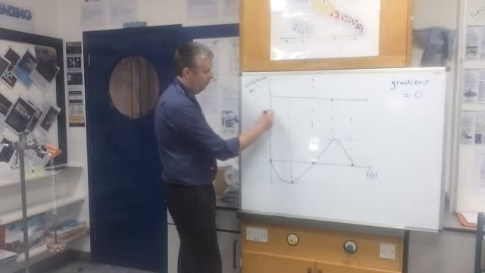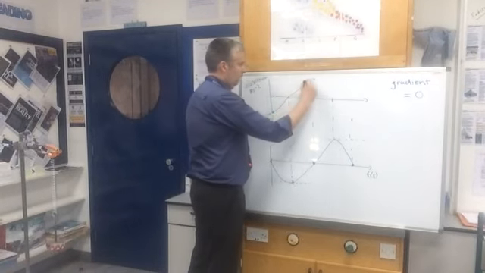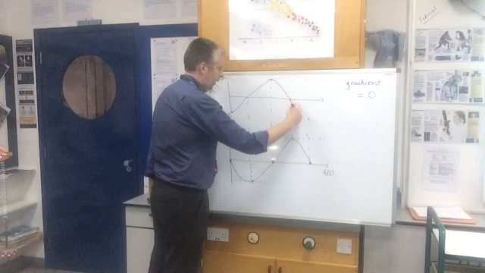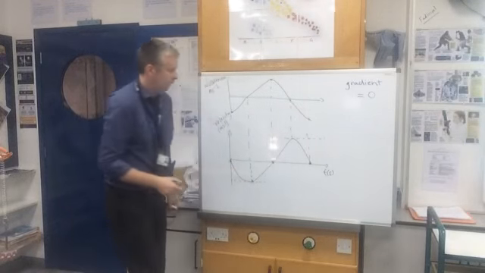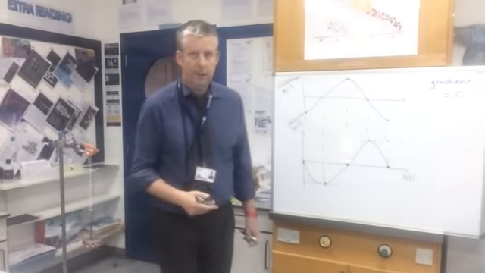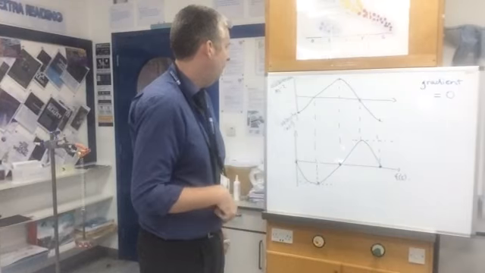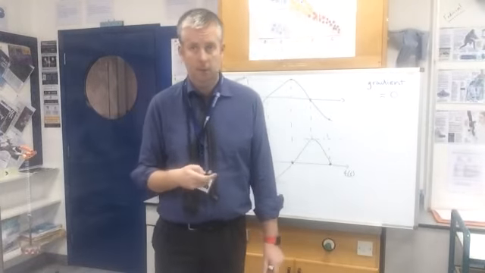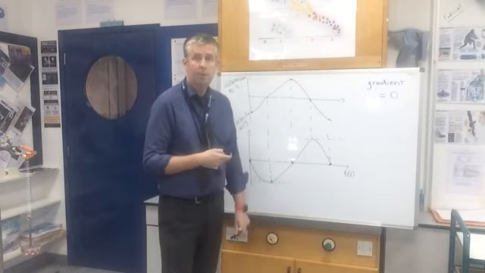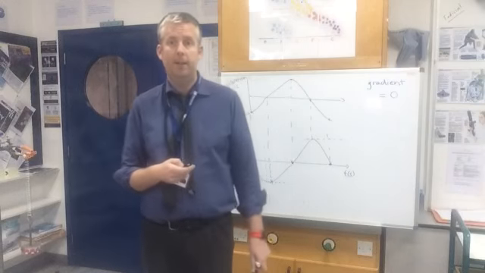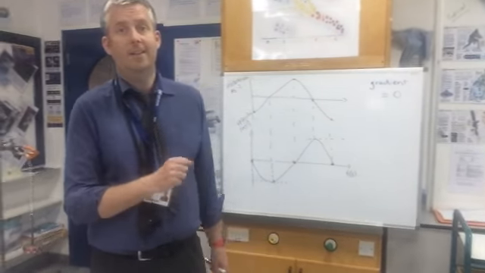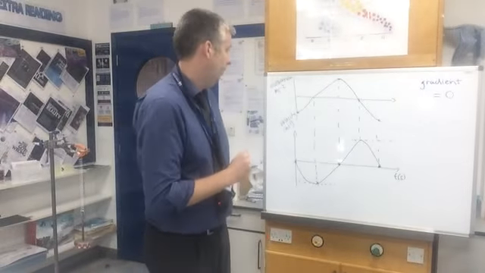I link the points up, and here I have something that looks like a minus cosine graph, which would be the derivative of the minus sine graph, and that is the acceleration time graph.